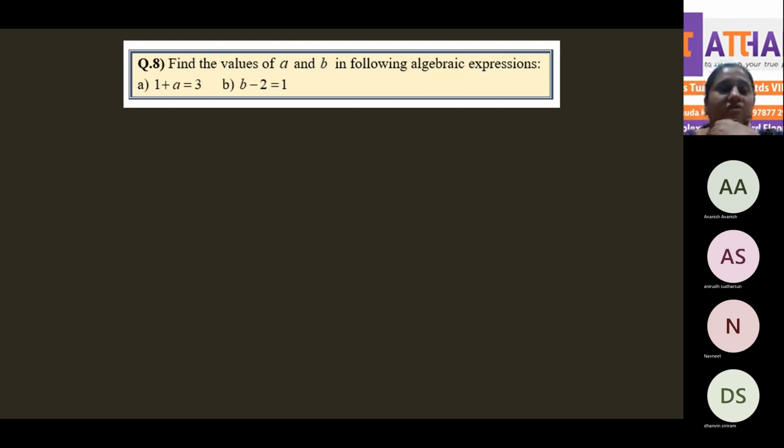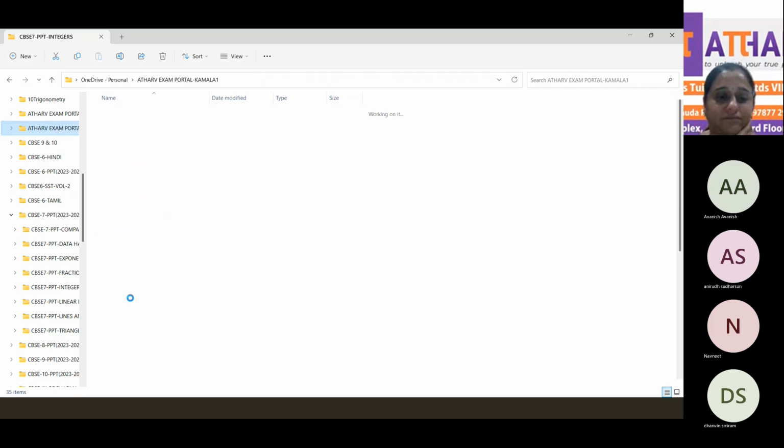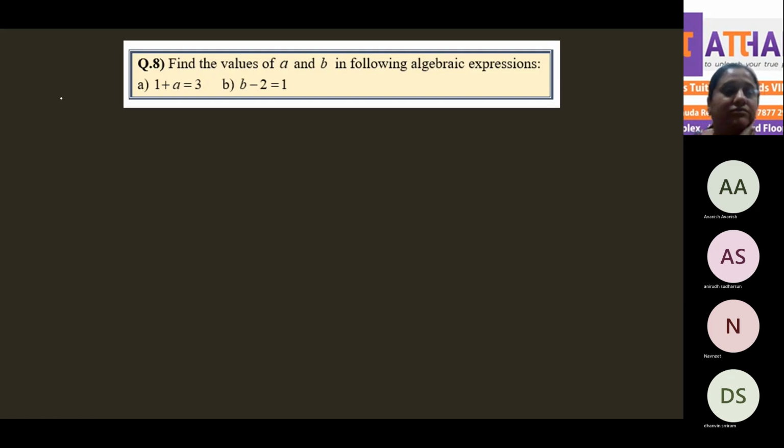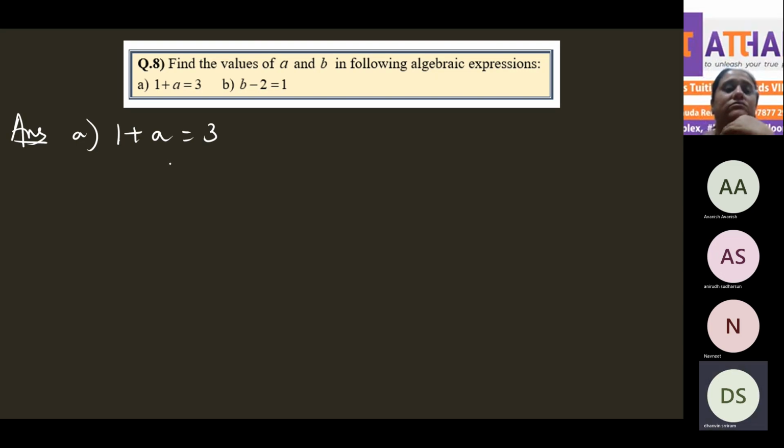Okay. Find the values of A and B in the following algebraic expressions. Find the values of A and B. Yeah, Dhanvin. 1 plus 2 is 3.